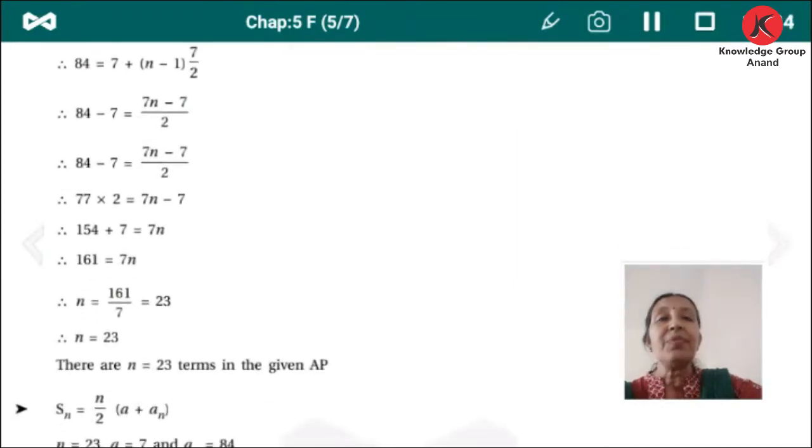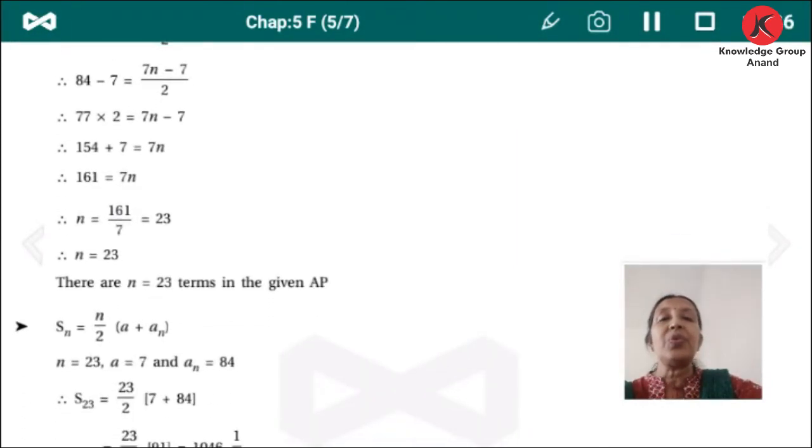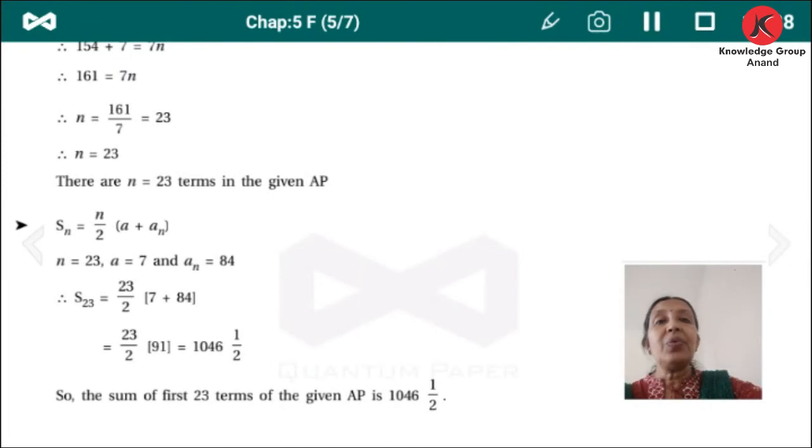Now using the formula Sn is equal to n/2 times [2a plus (n minus 1) into d], or otherwise you use n/2 times (a plus l). Therefore 23/2 into 91 is equal to 1045 and 1/2. The sum of 23 terms of the given AP is 1045 and 1/2.